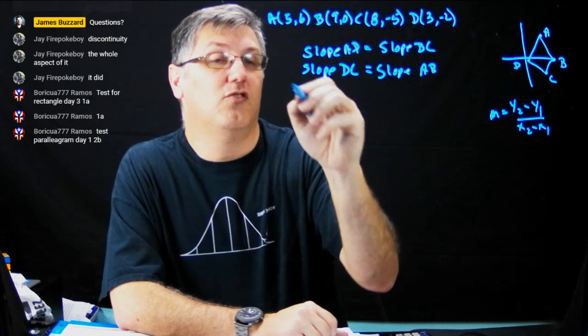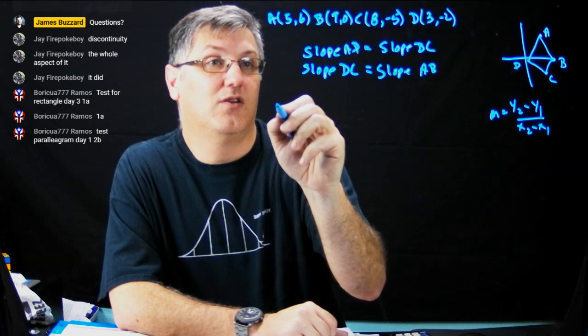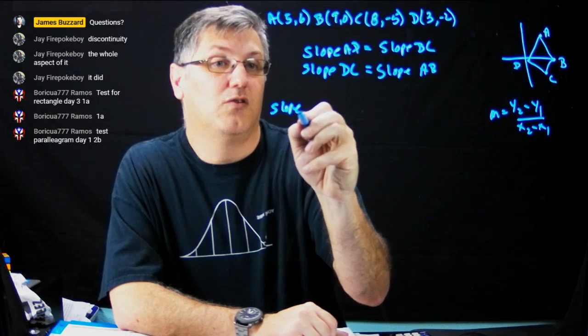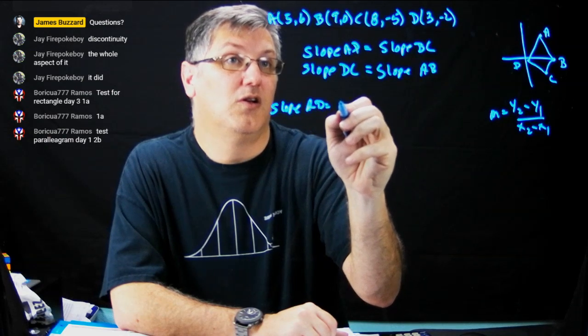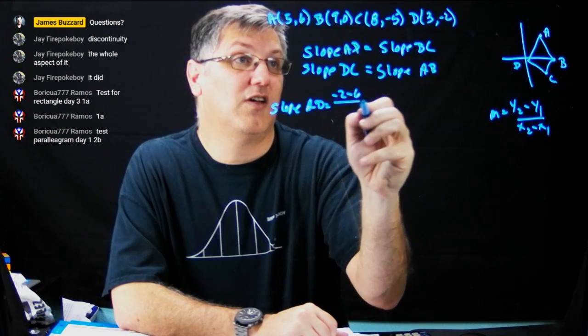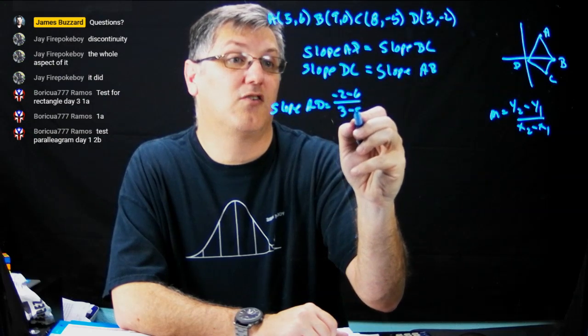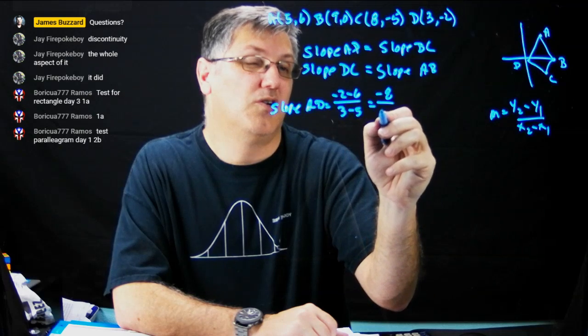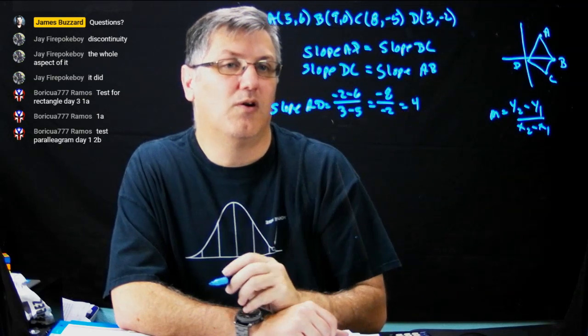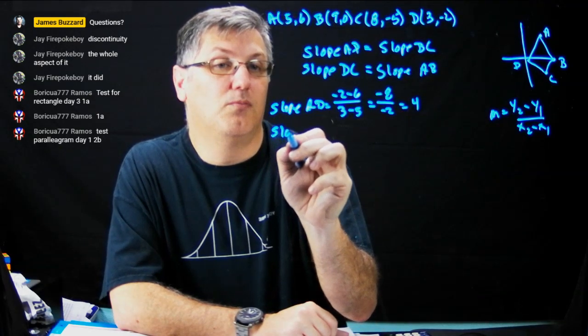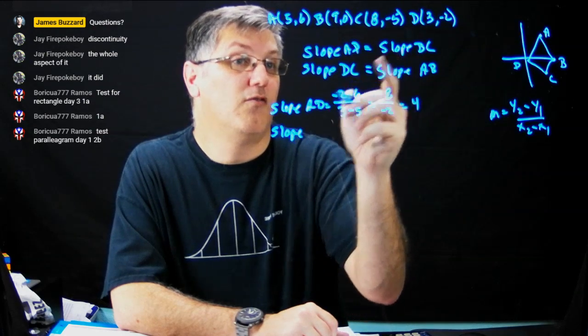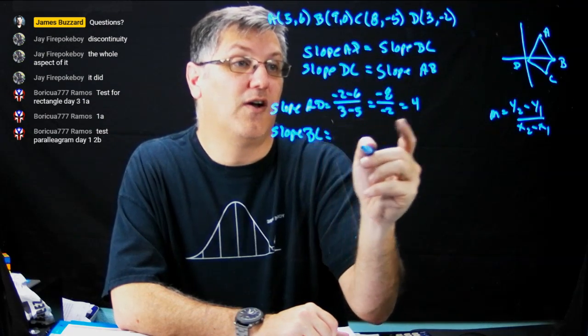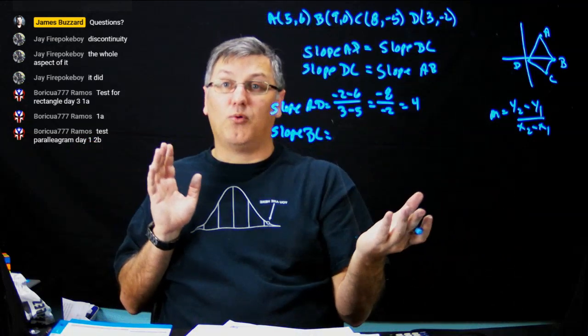So we have negative 2 minus 6 over 3 minus 5. This gives me negative 8 over negative 2, which gives me 4. All right, so let's do slope of BC. Now, if I don't get 4, I can stop because at that point it's not a parallelogram.